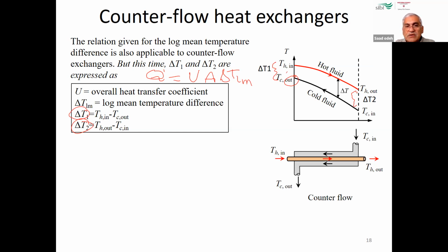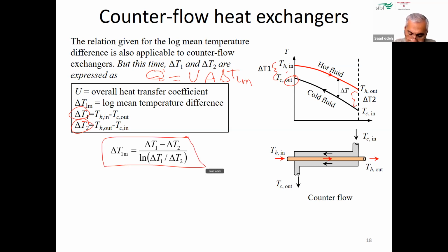So the formula will be the same, but the differences in temperature we have to change. In this case, we use the same delta T_LM formula, but the values of delta T1 and delta T2 are different because the positions of the cold fluid temperature in and temperature out are different now.